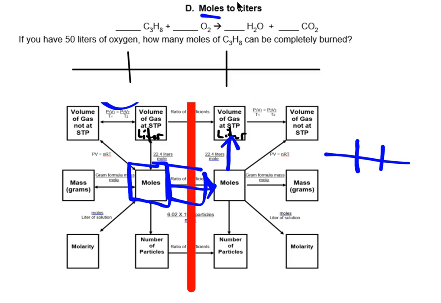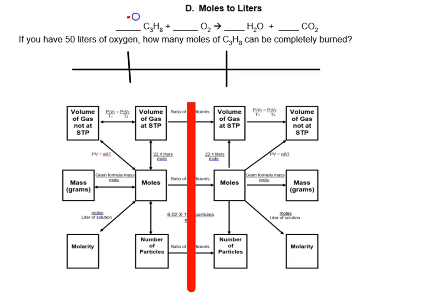You don't have to add anything up. It's just always 22.4. So the first step I would do is balance. 2, 6, 8, 10. Now I went in a weird order, so don't just write that. It's technically 2, 10, 8, 6. I was just balancing it as I went along.